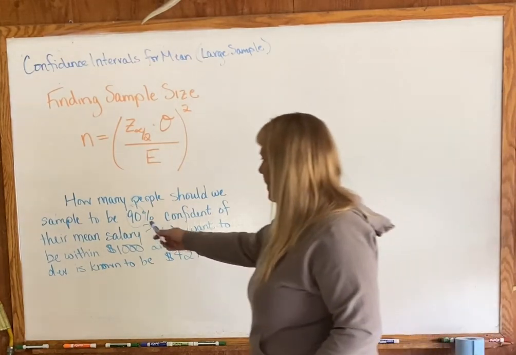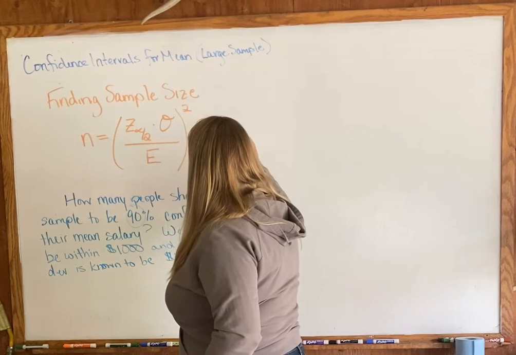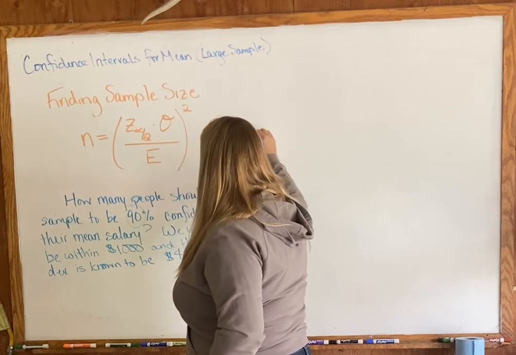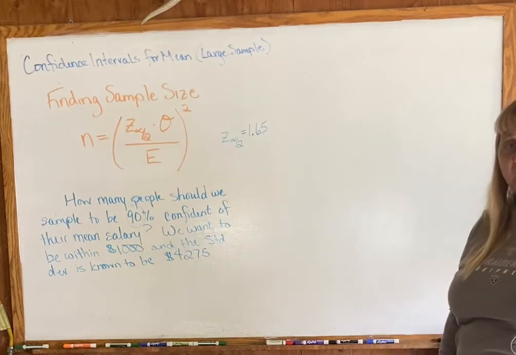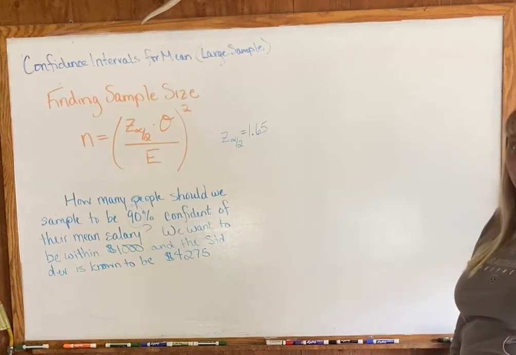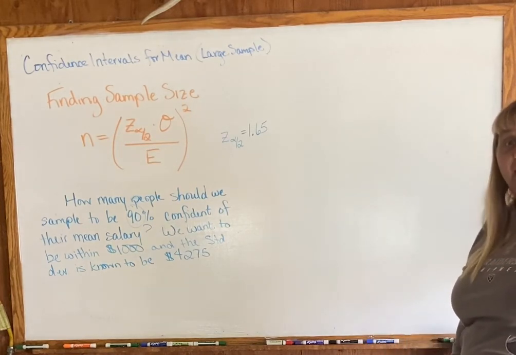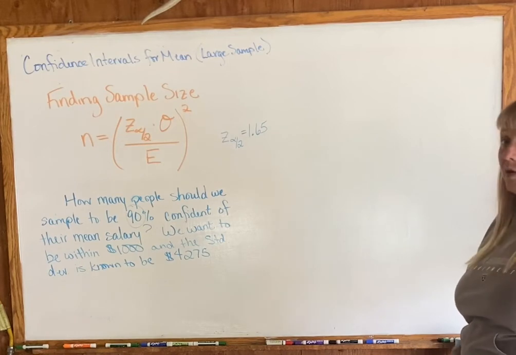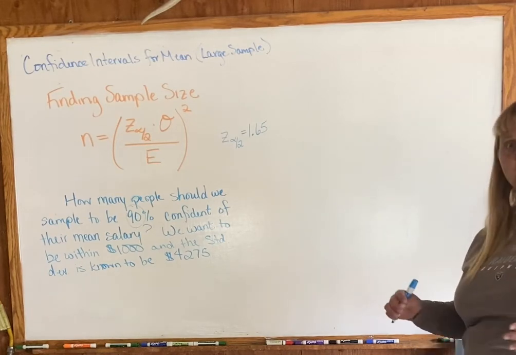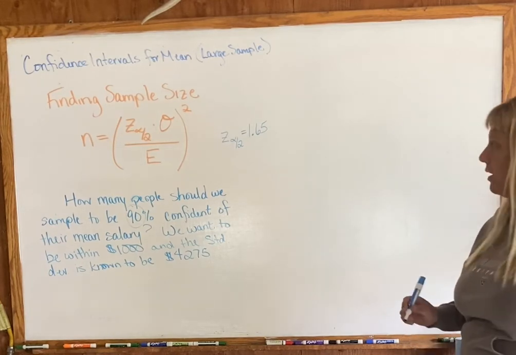The z-score that goes with 90% confident, wasn't that the first one we did that was a little bit weird, and we said that we always write it as 1.65? Well, that's it. I don't need to calculate it again. I've already calculated it once. It's not changing, okay? It's always gonna stay the same. So we're good to go with that. As soon as you have them memorized, you're like, I don't need to do that again.